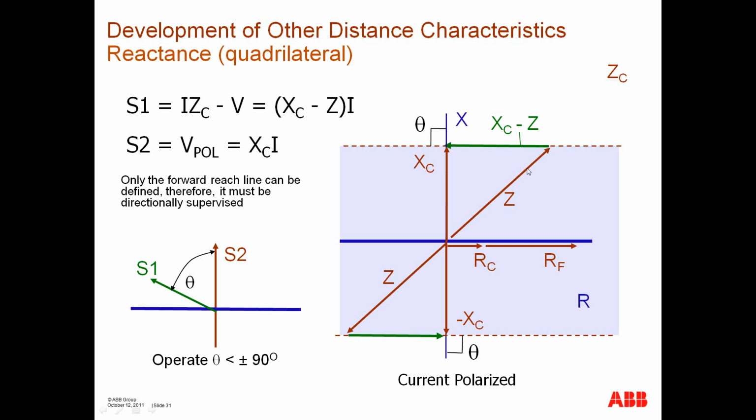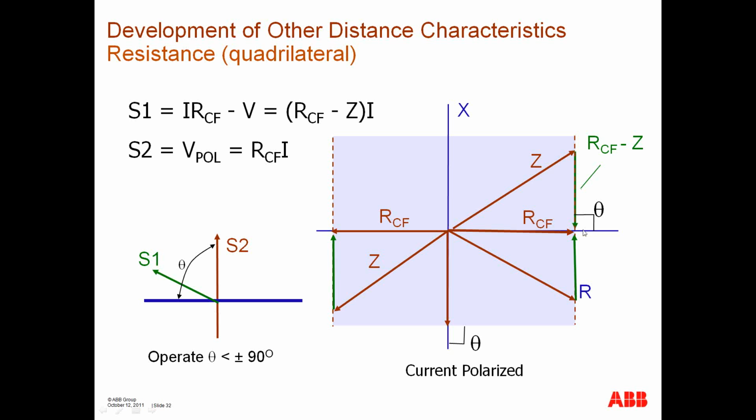With quadrilaterals, all you can do is determine whether the fault is across this forward line or not. You can't discern faults in the reverse direction, and therefore you have this reverse line that looks in the reverse direction. So you end up with a plus X setting line and a minus X setting line. And again, that has to be directionally supervised.